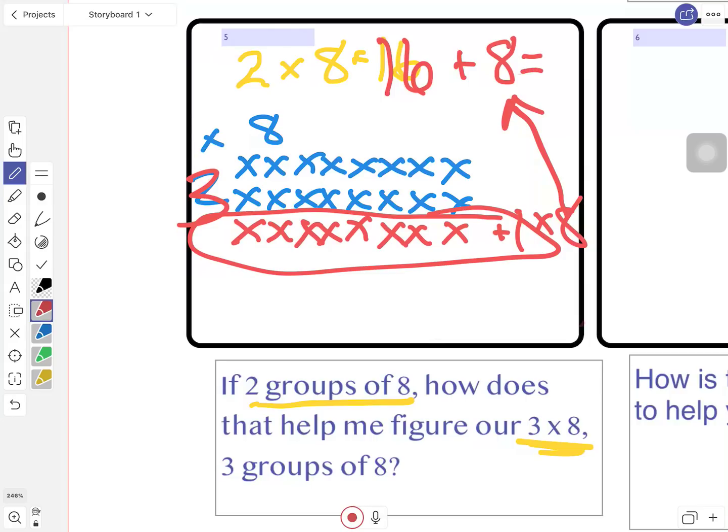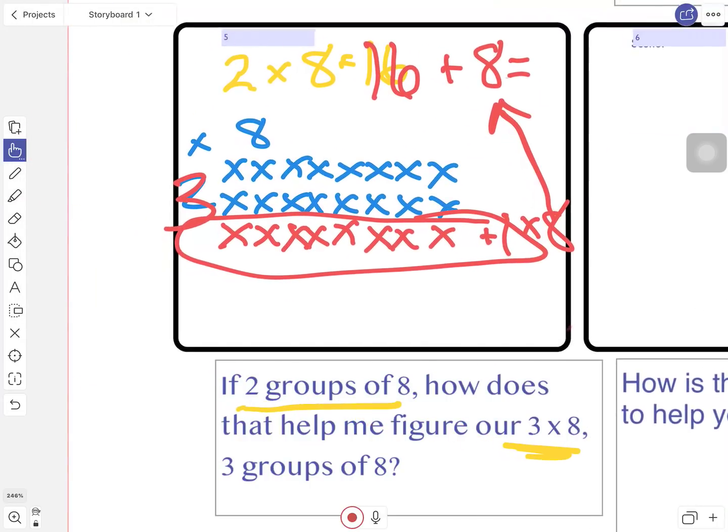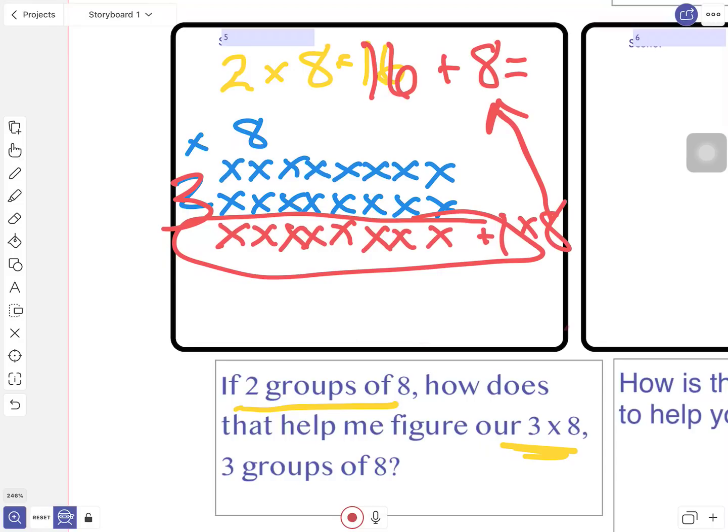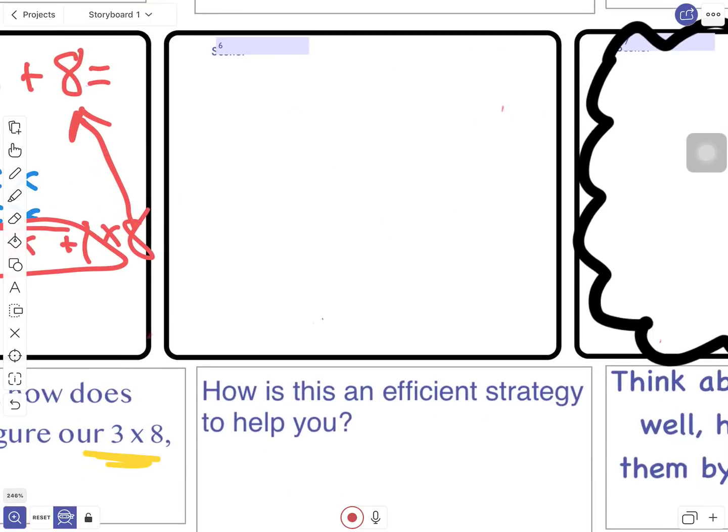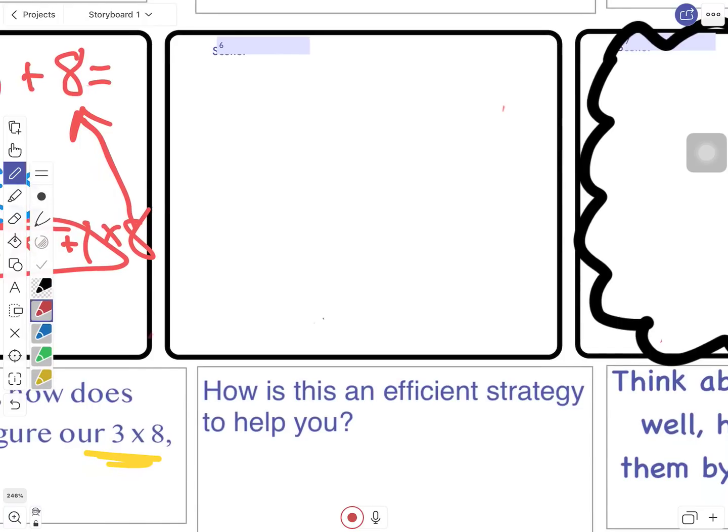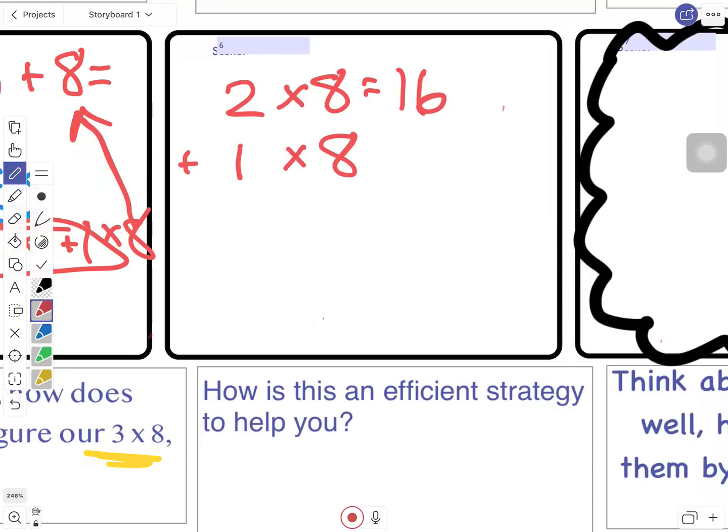Wow. Well, that seems a whole lot more efficient than trying to figure out and starting at the very 1 and counting up. So how is this more efficient? Well, if I know 2 times 8 equals the product 16, I can just add one group of 8, which is 8.